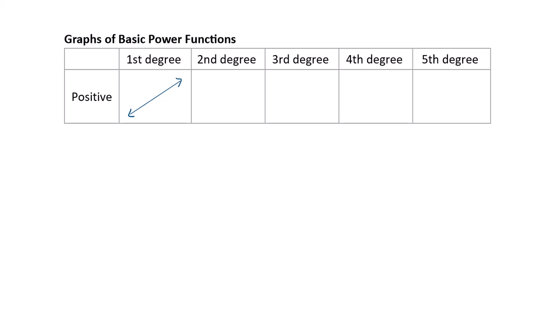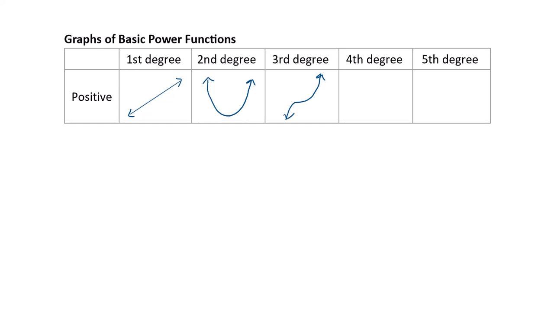How about a positive second degree polynomial? The simplest one that comes to mind is y equals x squared. That's going to be a polynomial like this. Now a positive third degree is going to look like this.